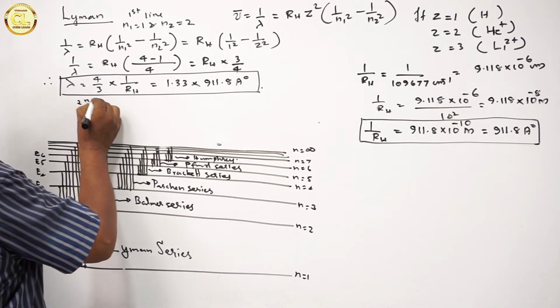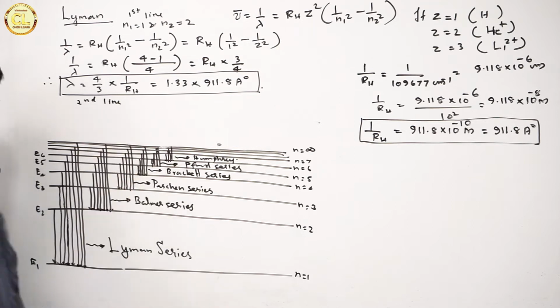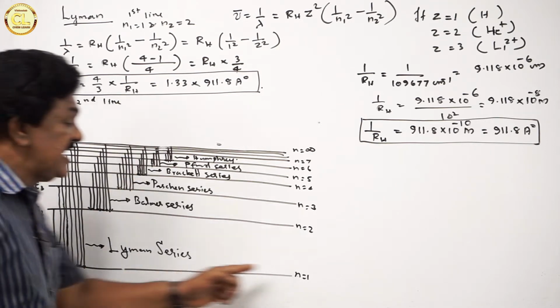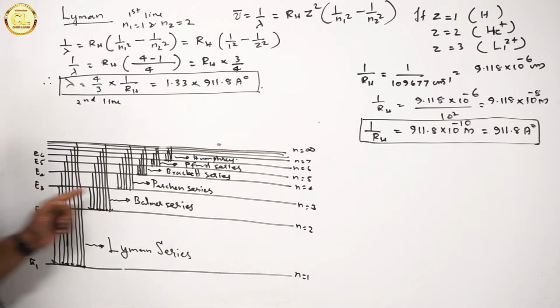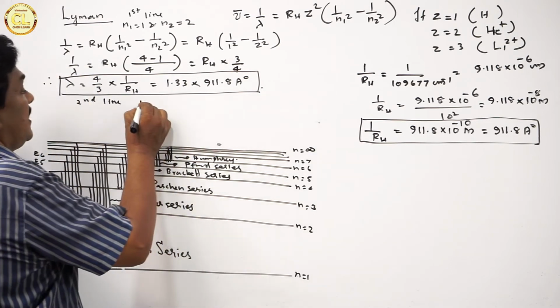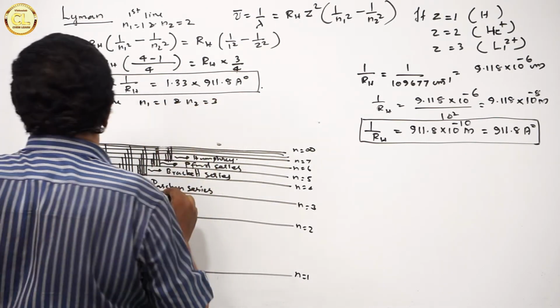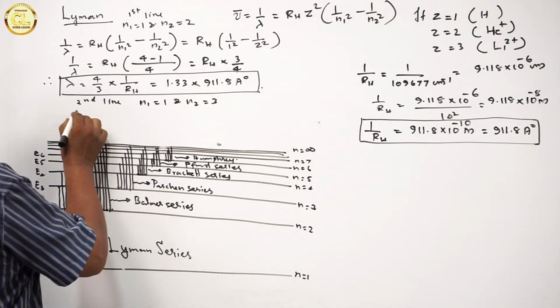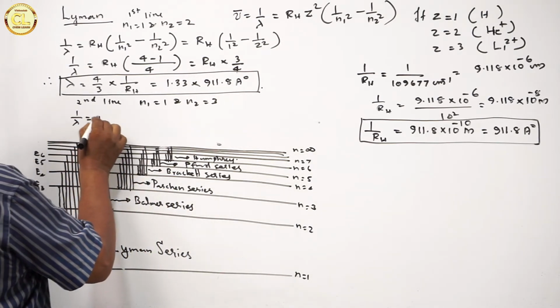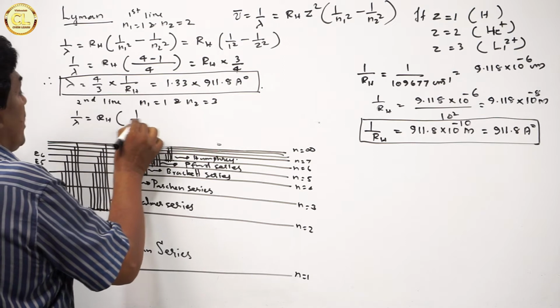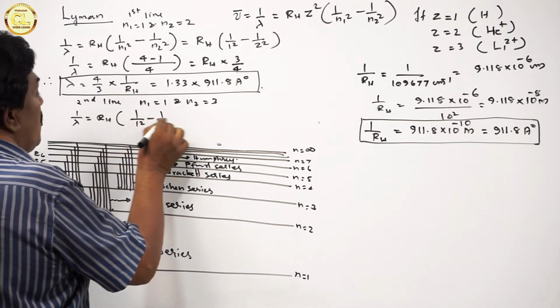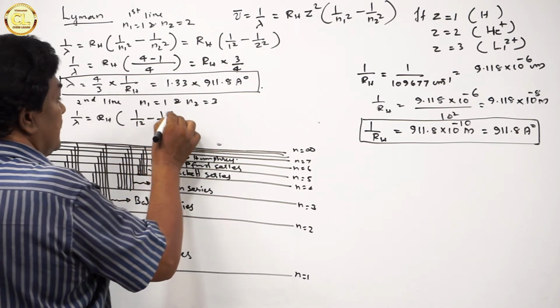For the second line, N1 is equal to 1 and N2 is equal to 3. So for the second line, 1 by lambda is equal to RH into 1 by 1 squared minus 1 by 3 squared.